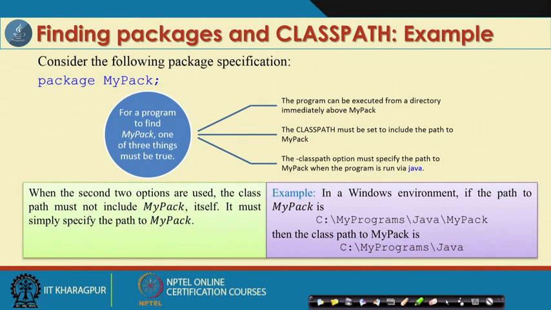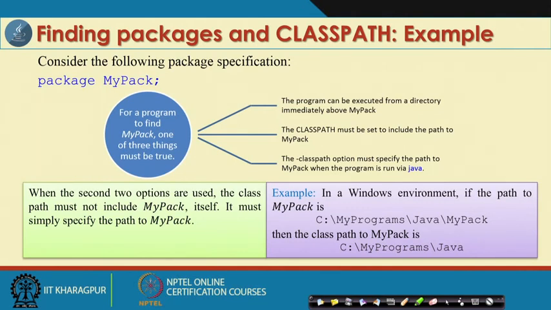Now, here again as an example, suppose my pack is the user defined package, and you can mention that my pack is under your working directory immediately, or you can use the two other methods, class path setting or explicitly mentioning while invoking javac or java that this is the location.